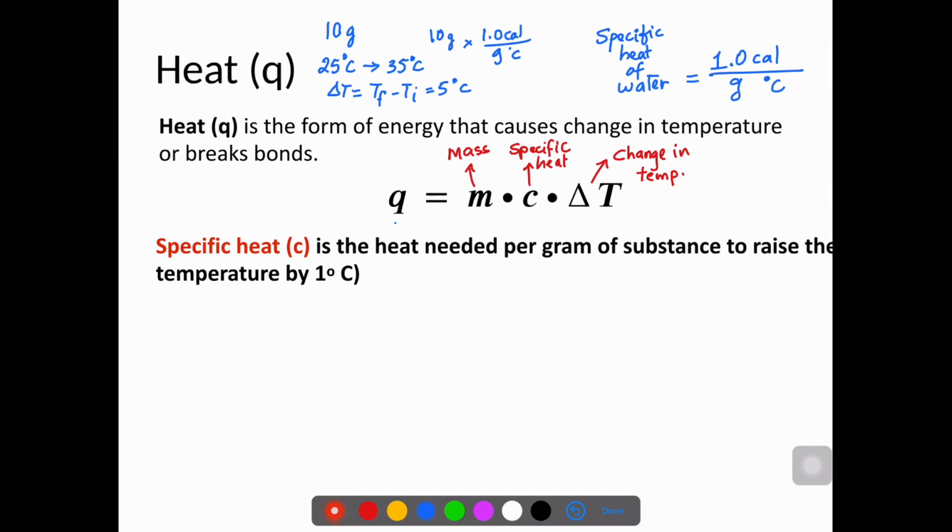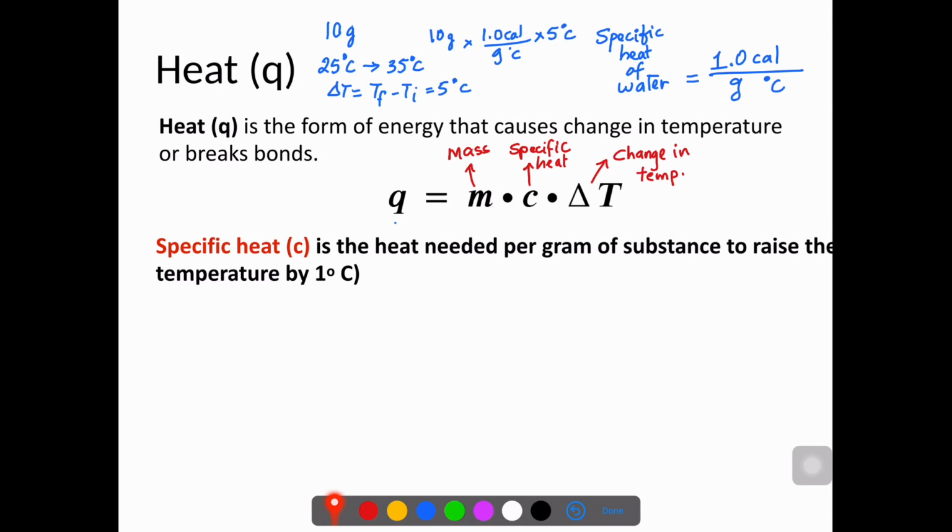That would give you the amount of energy for 10 grams for 1 degree Celsius change, per degree Celsius change. Since you want to change the temperature by 5 degrees Celsius, all you need to do is multiply it by 5, because you want to change it by 5. That means you need 5 times more energy. That's why you're multiplying by 5.